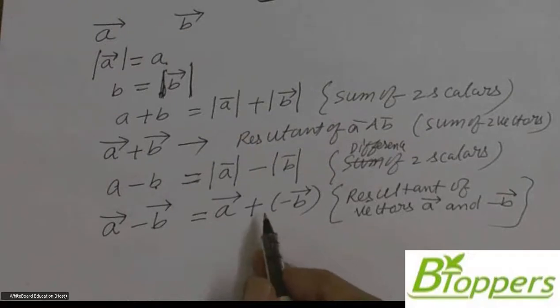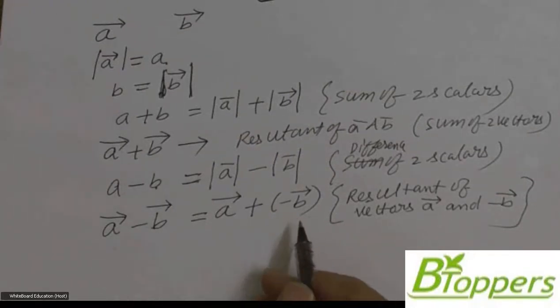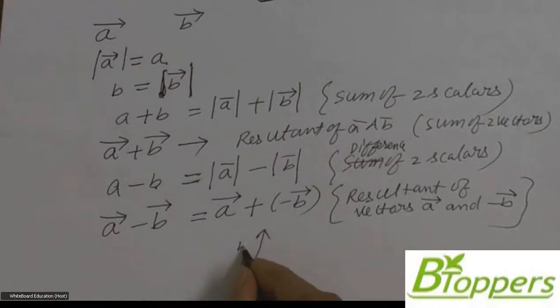As I discussed about the definition of a negative vector in the past, from the definition of a negative vector, if B bar is a vector, then minus B bar represents another vector which acts in a direction opposite to the vector B bar, but the modulus of vector minus B bar will be the same as the modulus of vector B bar.